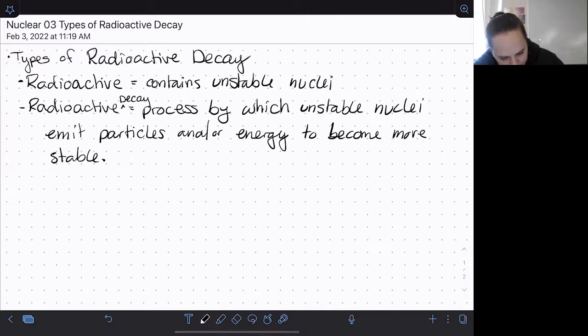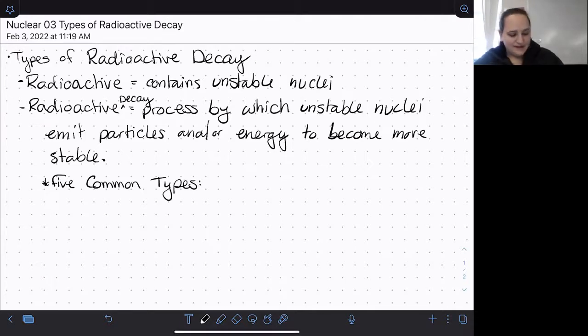Radioactive decay is the process by which unstable nuclei emit particles and/or energy to become more stable. And there are 5 common types of radioactive decay.